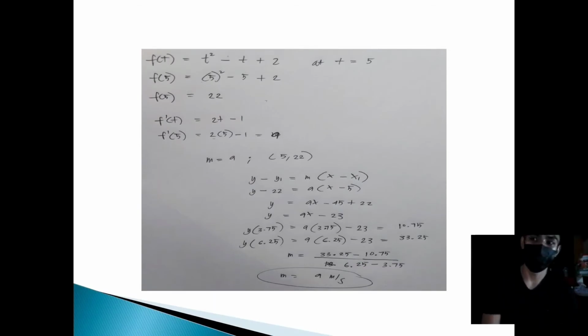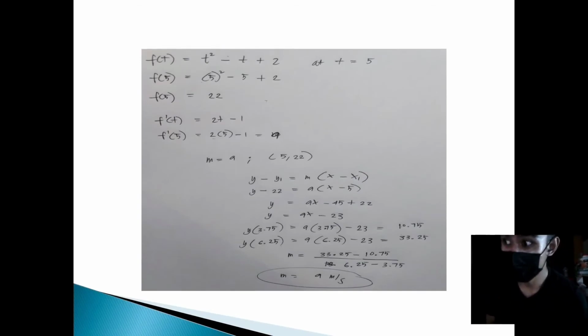Okay, so we're going to find the derivative of f of t at x is equal to 5. The derivative of f of t is equal to 2t minus 1. So we're going to find the f prime of 5. That's 2 times 5 minus 1 is equal to 9. So that's the slope m.